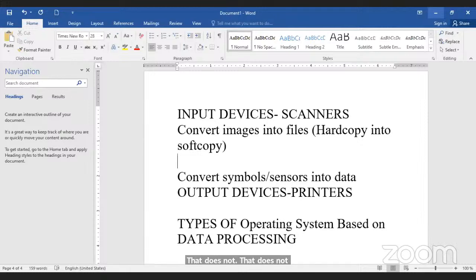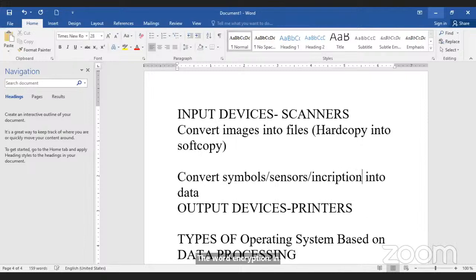These scanners usually scan symbols, sensors, or let me use the word encryptions. When you look at your student ID, you'll see that we have some barcodes, isn't it?